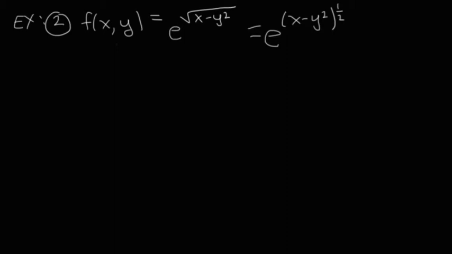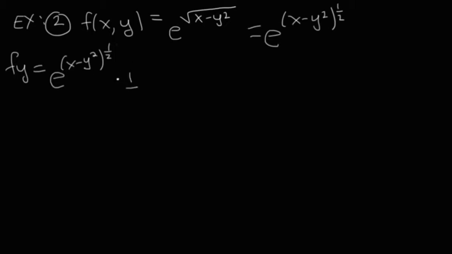Now let's do fy, which is the partial derivative with respect to y. So now you're treating x like a number and y as a variable. The first part is not going to be too different. The derivative of the outside, so e to the anything, I'm just going to rewrite it and then multiply by the derivative of the exponent.